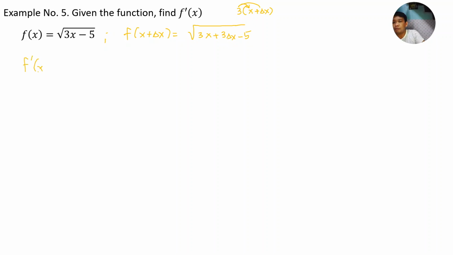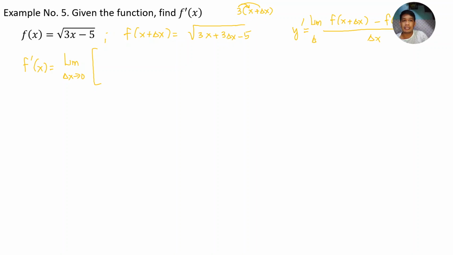Then f prime of x is the limit as delta x approaches 0 of f of x plus delta x. That's our definition. Minus f of x over delta x.